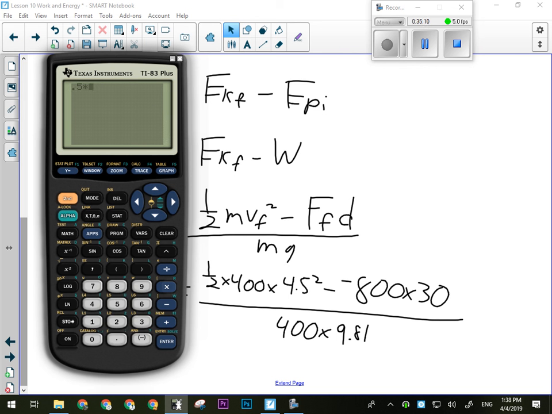So 0.5 times 400 times 4.5 squared, and I'm just going to put plus 800 times 30 because it's subtracting a negative. It's the same thing. Then I'm going to divide that by, I have to put that in brackets, 400 times 9.81. So 7.1 meters is the height that the rock is dropped from.